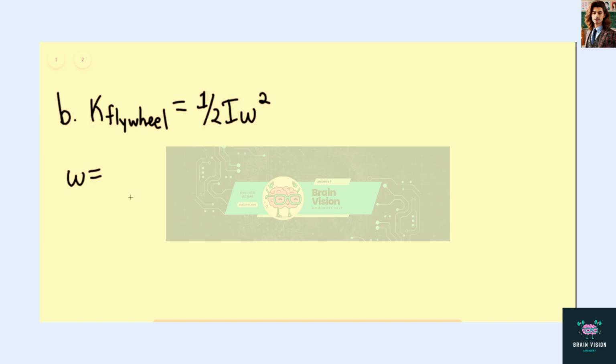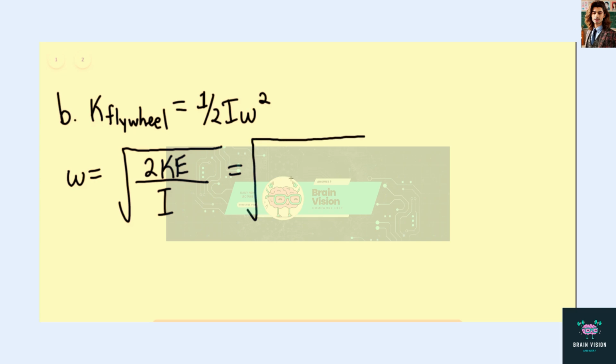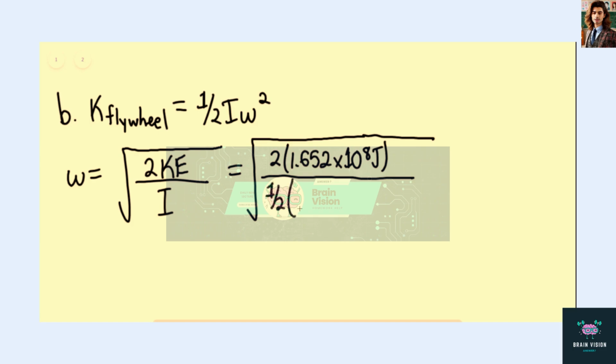And so the angular velocity would simply be equal to the square root of 2 times the kinetic energy divided by the moment of inertia I. And so this would be the square root of 2 times 1.652, we'll round at the very end, times 10 to the 8th joules, divided by 1/2 times the mass of 140 kilograms times 0.75 meters, quantity squared.